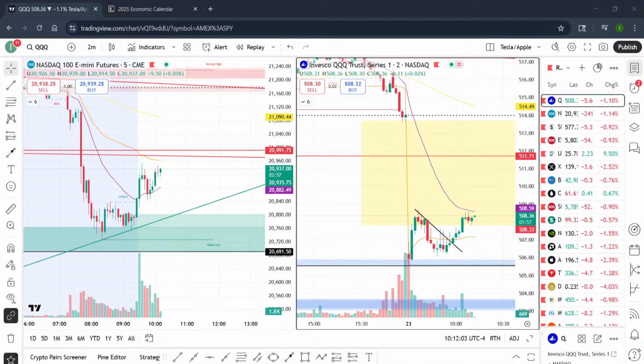This is one of those days where it might be best to trade the afternoon. It's good to have already some supply zones and the main zones to trade from on the chart.